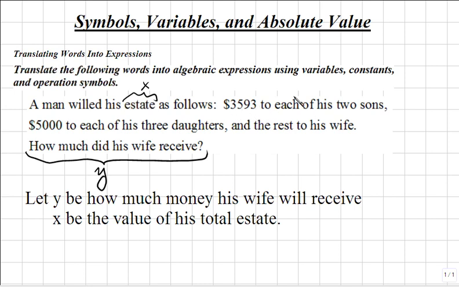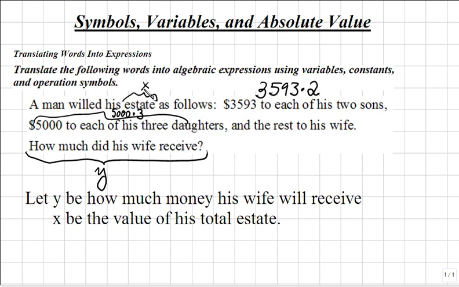This would be the same as taking that amount, 3,593, and multiplying it by 2. This would be the total amount that is being deducted from his total for his sons. Similarly, each of his 3 daughters is receiving $5,000, so we could interpret this as 5,000 multiplied by 3.